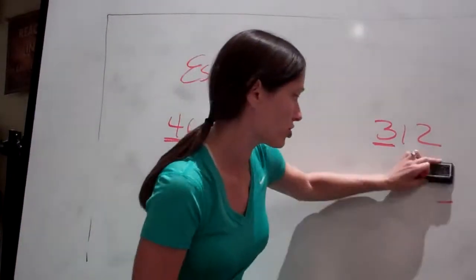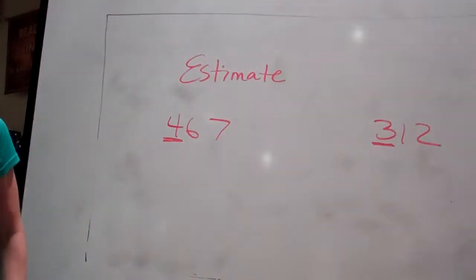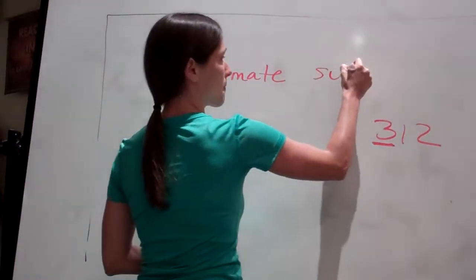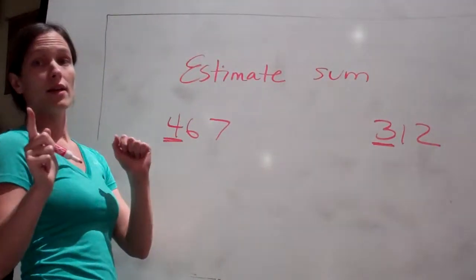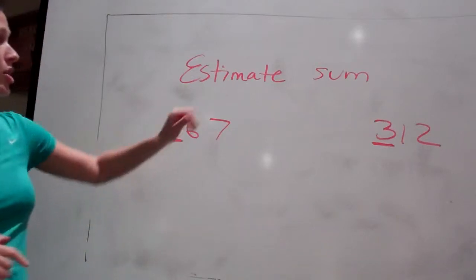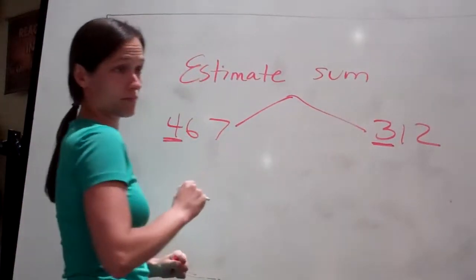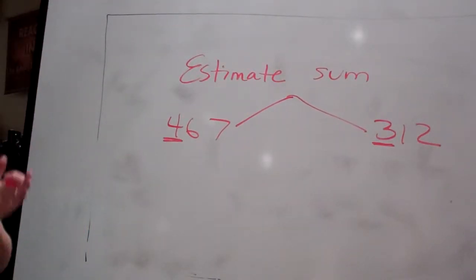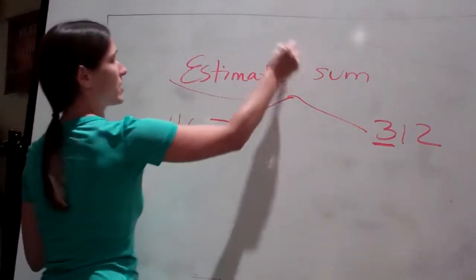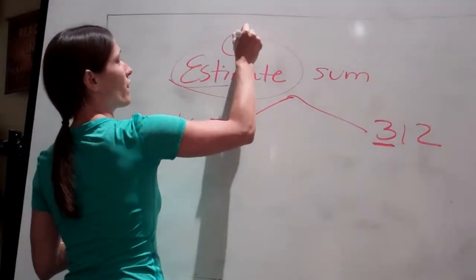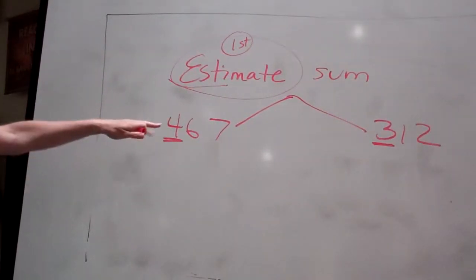So here's what I want you to do. They tell me to estimate the sum. What is sum? The answer to an addition problem. So they want me to estimate the sum of this and this. That doesn't mean that you answer it and then you estimate. You estimate first, to each of the numbers.